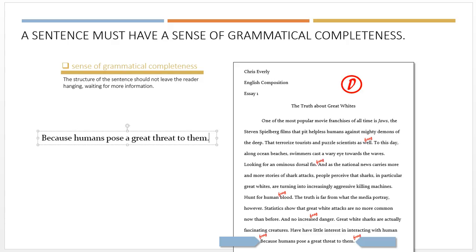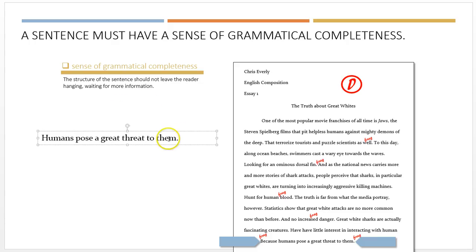That sense of completeness, or lack of sense of completeness in the case of a fragment, is caused by this word because. So the simplest way to fix these kinds of fragments is simply to remove the word that is causing that sense of dependency in the sentence. Now I can say humans pose a great threat to them, and I can make that as a statement.